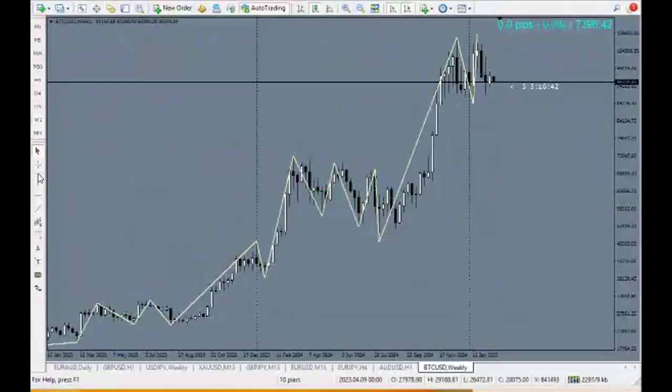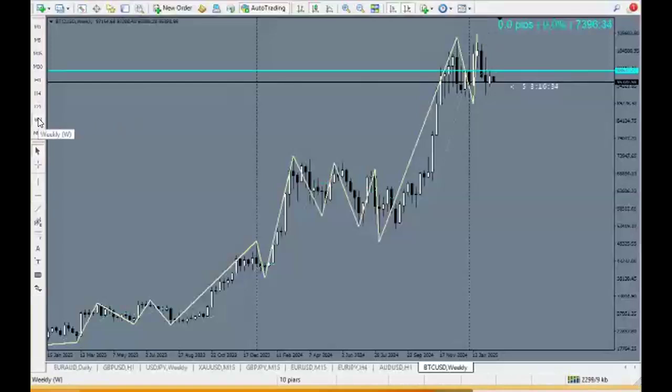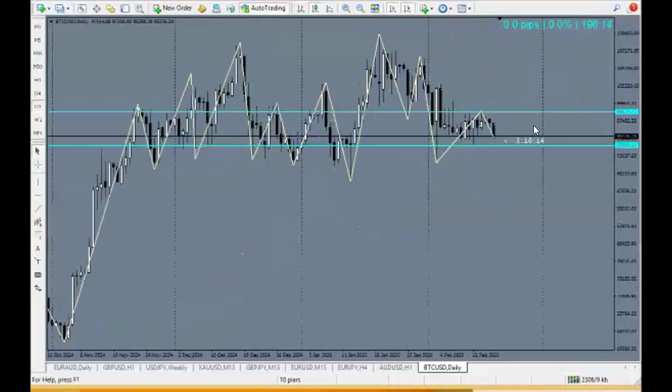Last week's weekly candle was very small. It's a small candle.